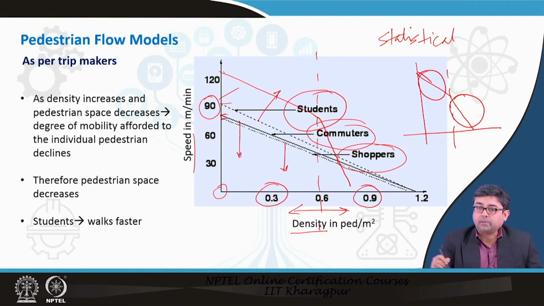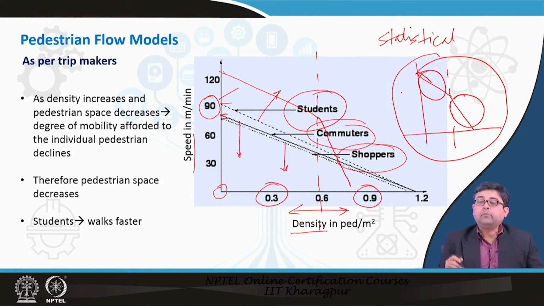The student population that is walking has different behaviors. These are usually called two regime models. And as people become more mature in this field, why are they trying to look at these things? They are saying that if it is an uncongested flow situation.